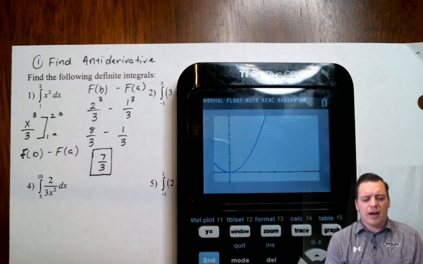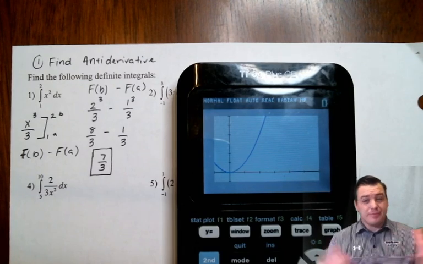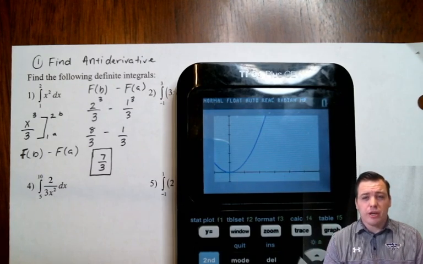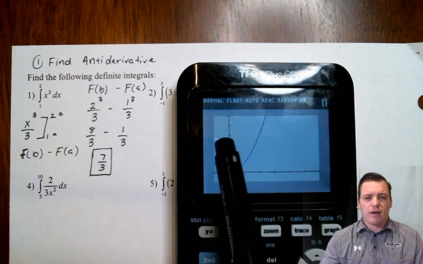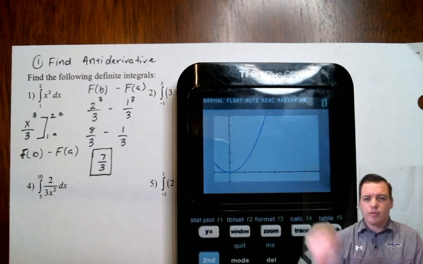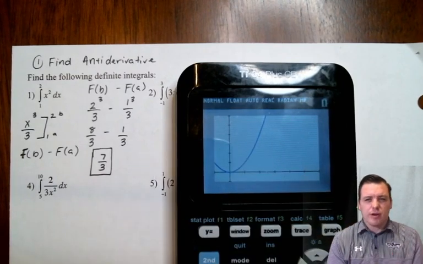I want to find the area from 1 to 2. Now, again, we know that we could do that with Riemann sums. We know that the base is 1 and we could find our heights and do a trapezoid, just by finding the height at 2, which we know here would be 4. So there is that possibility of doing that, okay?